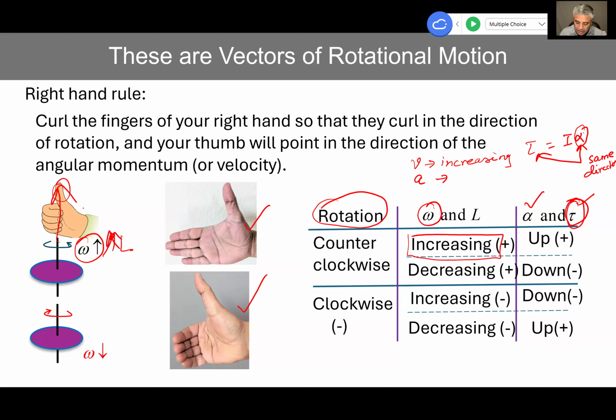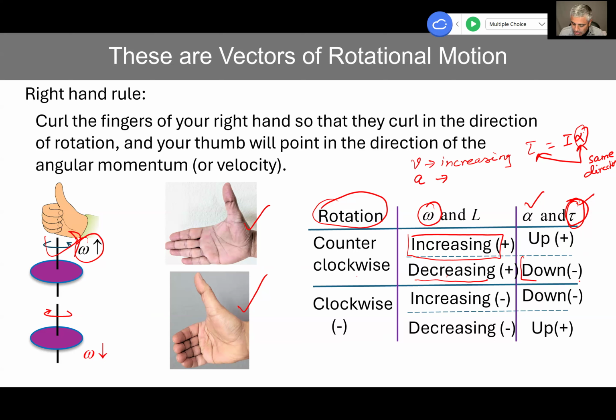But if the speed is decreasing, see, it is still spinning in the same direction, right? Bicycle wheel, let's say, is spinning in that direction. And then you put your hand, let's say, a little bit, and it's slowing down. That means angular speed is decreasing. So speed decreasing means acceleration is in the opposite direction.